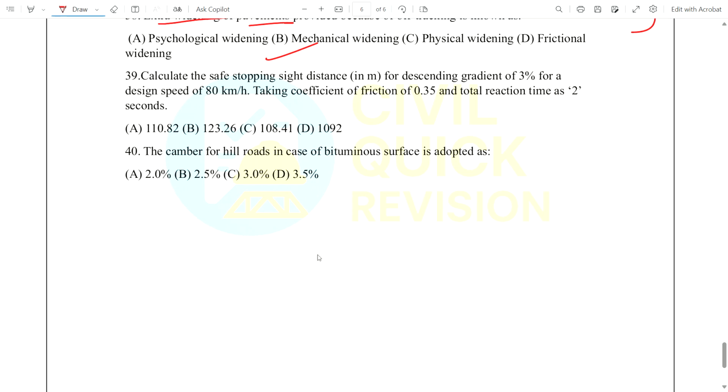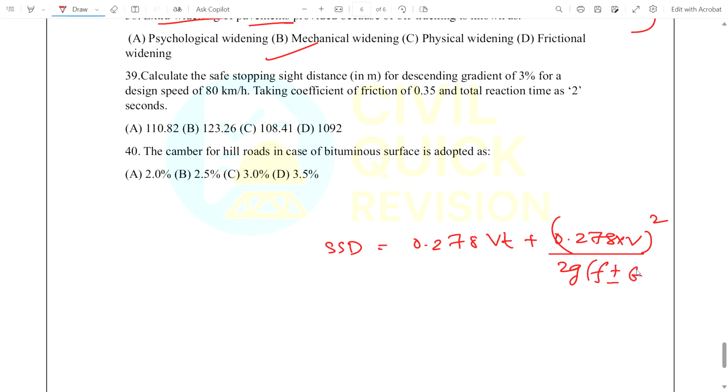Here SSD is equal to 0.278 VT plus (0.278 V) whole square divided by 2g(f plus minus G). Because in this question a gradient is given, descending or ascending, we can use this formula with 2g(f plus minus G). We get the answer in meter.